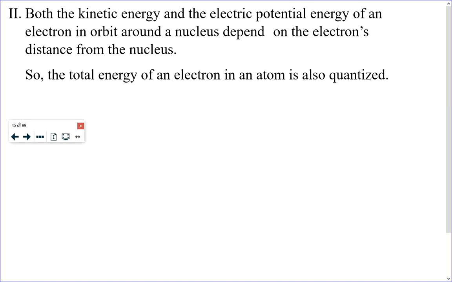Now, the second point is that the electron in orbit around the atom will have energy. It's moving, so it has kinetic energy, and it's attracted to the nucleus, so it has potential energy. Just like the calculator I'm holding is attracted to the Earth, it has gravitational potential energy. So the electron has a sum of kinetic and potential energies.